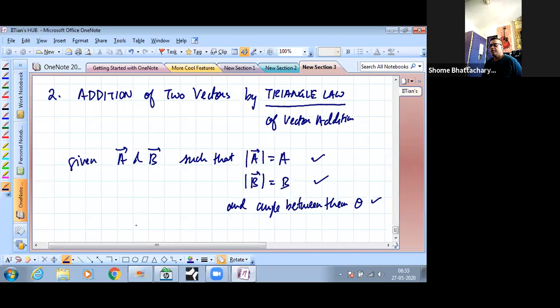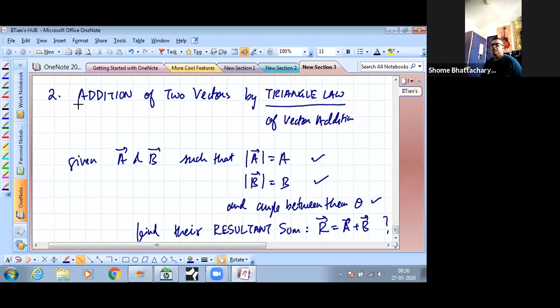Then how to find what is called their resultant sum, which you can denote with the symbol R, such that R is equal to A plus B? So how to find this? Let's understand. So just note down the heading, then we'll continue. Addition of two vectors by triangle law method.